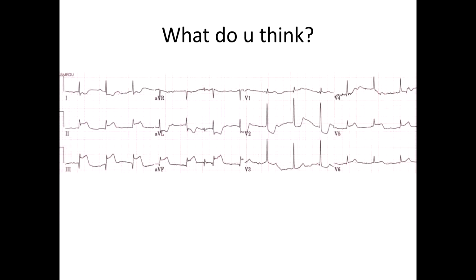Another thing that we want to think about is the location of the right coronary artery and which parts of the heart it feeds. Now, it feeds the inferior wall, but it also feeds the right ventricular wall, which you can't see on a 12 lead.